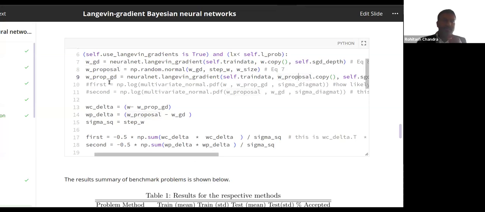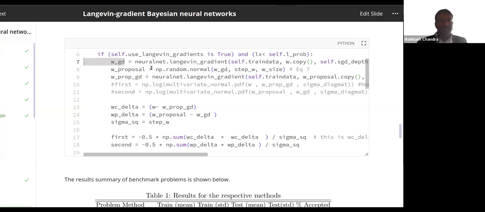We make a copy of the future proposal and get a Langevin gradient out of that again, so we get the gradients of the proposal. We also have the gradients of the current. We take those gradients of the current and the proposal, and we compute the log probabilities.